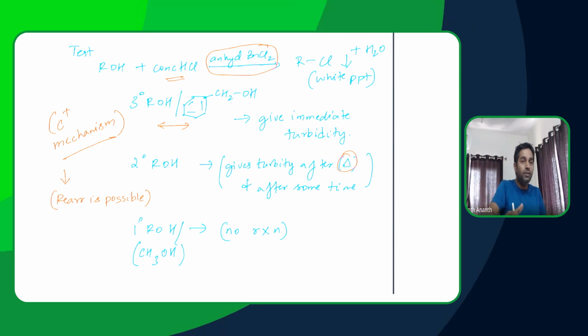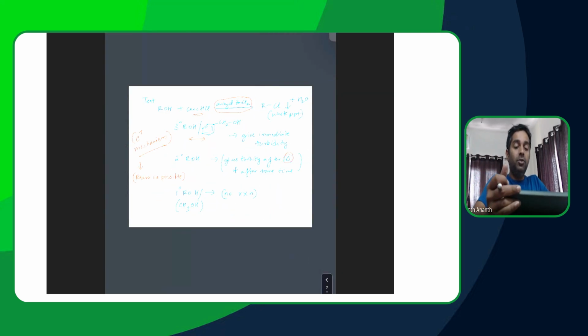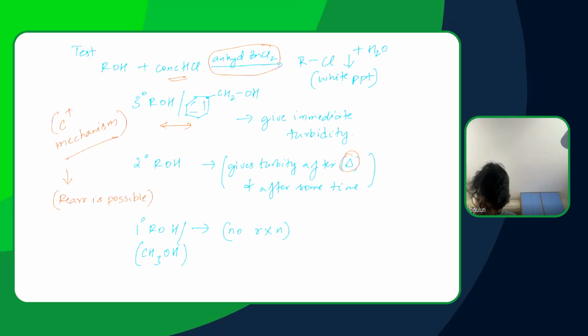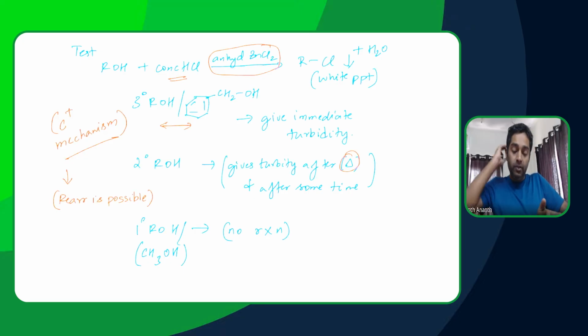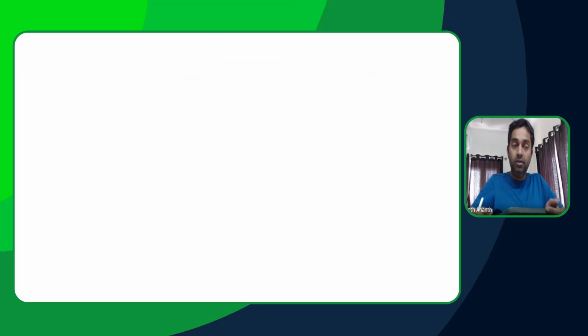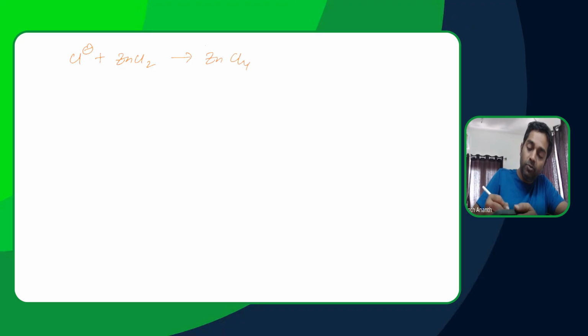Somehow or the other, we have to stabilize the Cl minus. The Cl minus normally will be stable because water will be present. But there is no water here. So you're going to require something in the medium to stabilize your Cl minus. So what happens is that Cl minus combines with your ZnCl2 to exist as ZnCl4 2 minus.